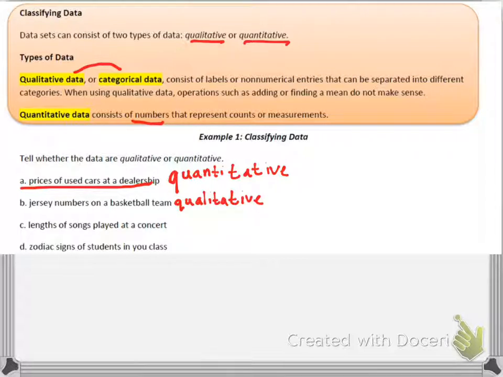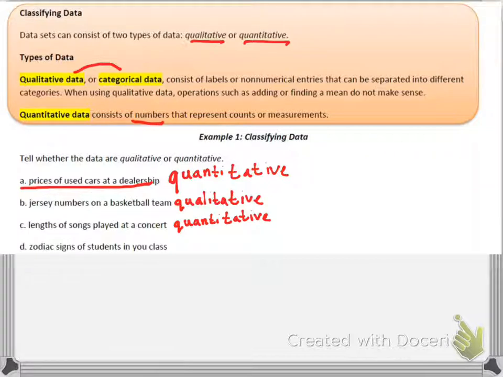Okay? Lengths of songs played at a concert. Okay, this is definitely quantitative. Okay, each number represents a specific length. A song that's 2 minutes long is twice as long as a song that's 1 minute long.